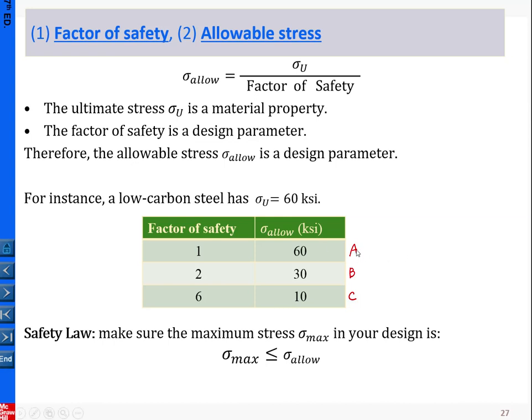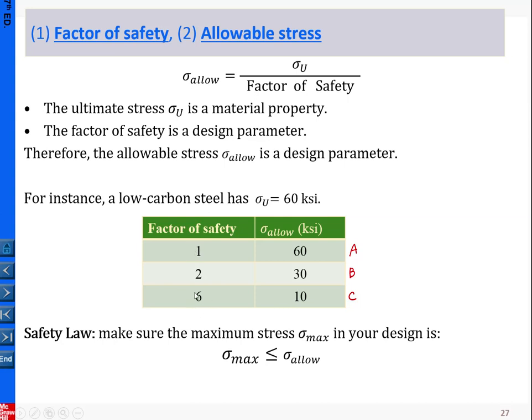On the other side, one engineer picked a factor of safety equal to only 1. In this case, the safety margin is very narrow, so basically this is a very dangerous design. But on the other side, the budget for buying the material will be much cheaper.